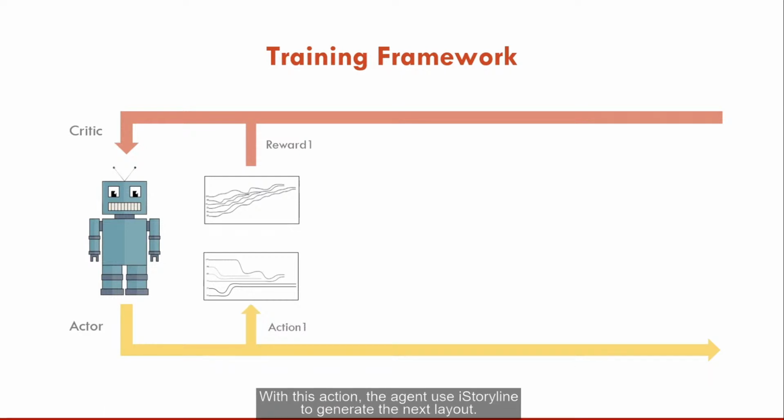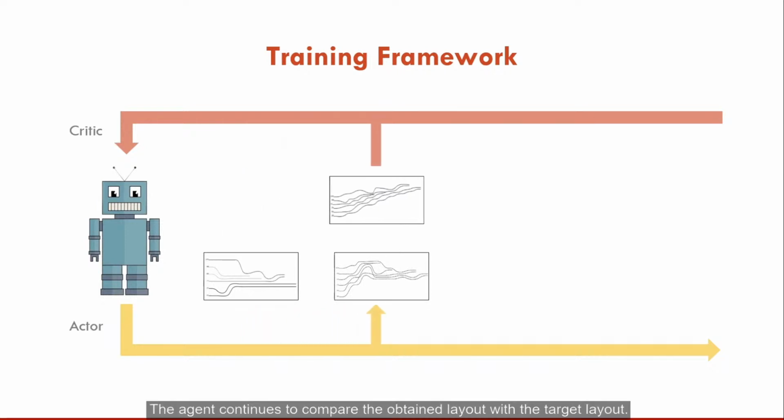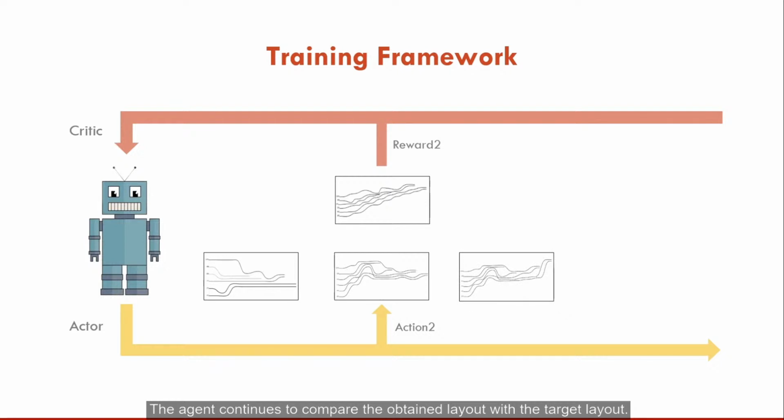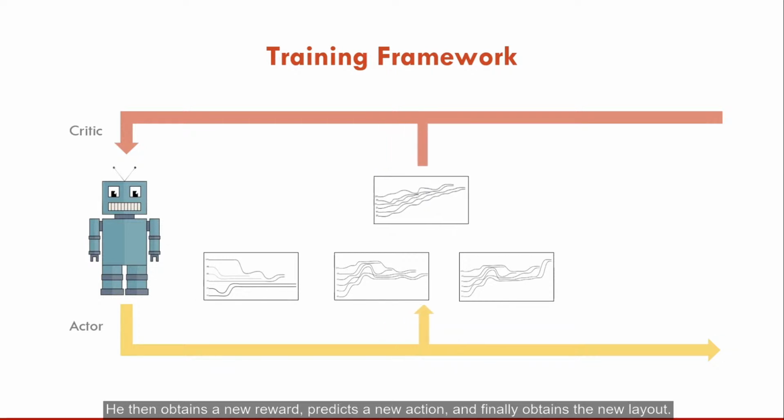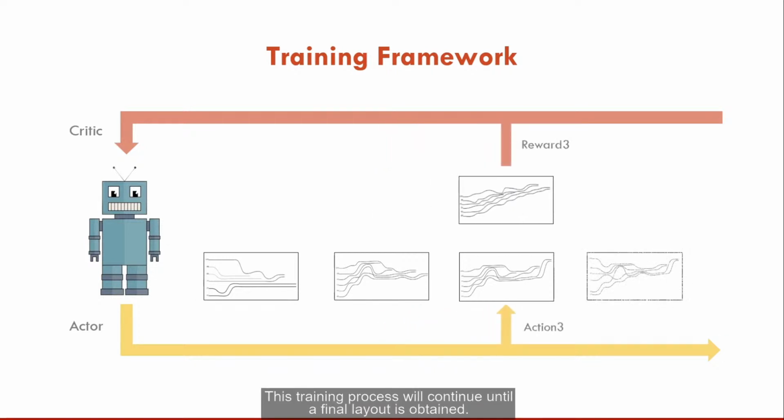With this action, the agent can use iStoryline to generate the next layout. The agent continues to compare the obtained layout with the target layout. It then obtains a new reward, predicts a new action, and finally obtains the new layout. This training process will continue until a final layout is obtained.